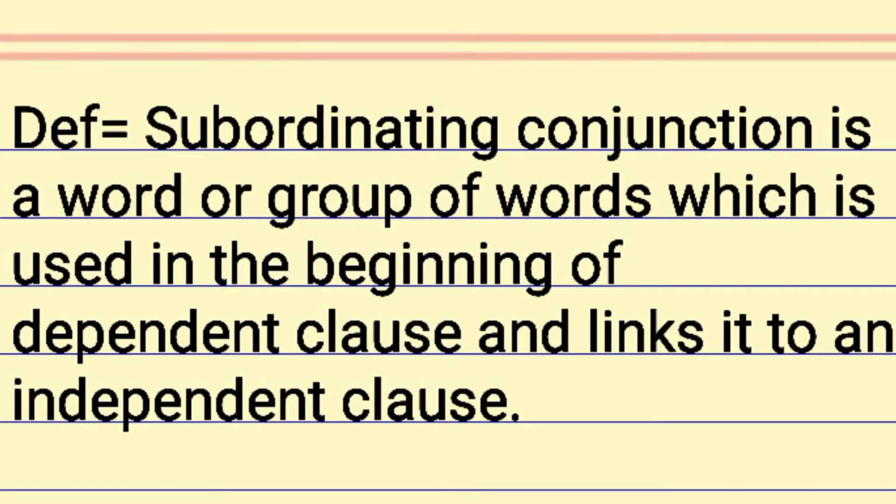Whenever a clause does not give us complete meaning, it is a dependent clause. Subordinating conjunctions are used at the beginning of a dependent clause. They particularly show a cause and effect or time and place relationship between dependent and independent clauses.